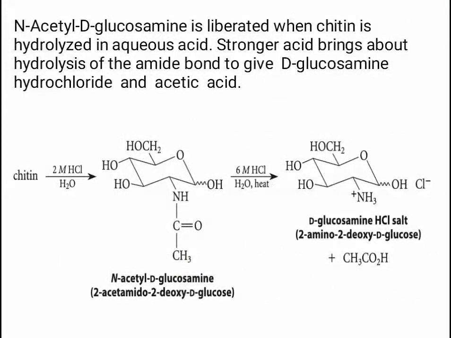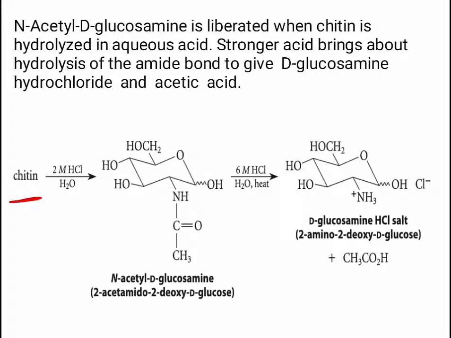N-acetyl-D-glucosamine is liberated when chitin is hydrolyzed in aqueous acid. Stronger acid brings about hydrolysis of the amide bond to give D-glucosamine hydrochloride and acetic acid.